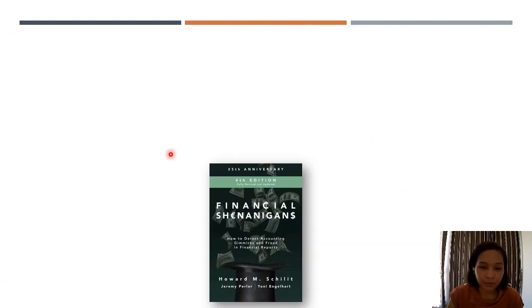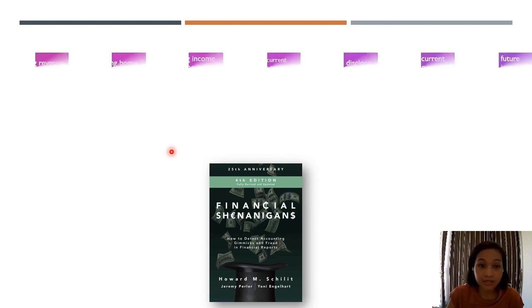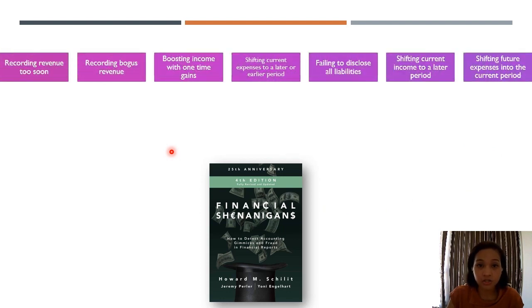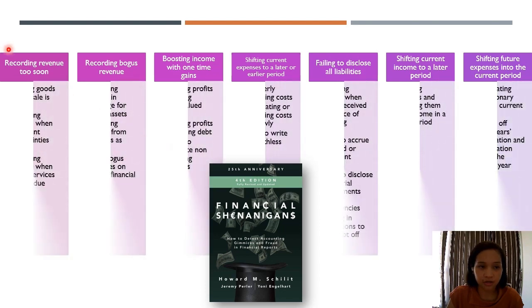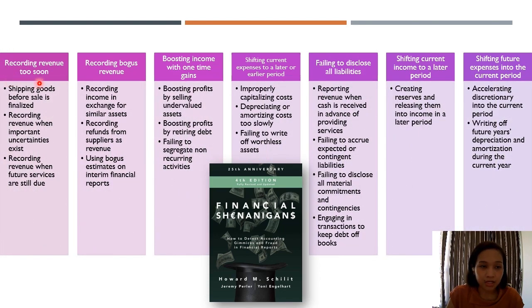The next one, we were talking about financial shenanigans. There are 7 parts of financial shenanigans that we need to understand. Number 1 is recording revenue too soon. For example, shipping goods before the sale is finalized, recording revenue when important uncertainties exist, and recording revenue when future services are still due.